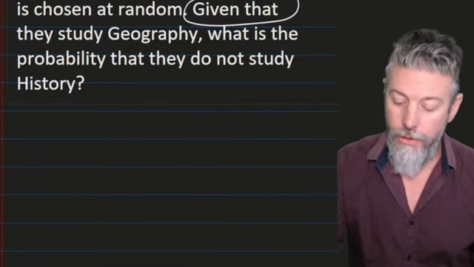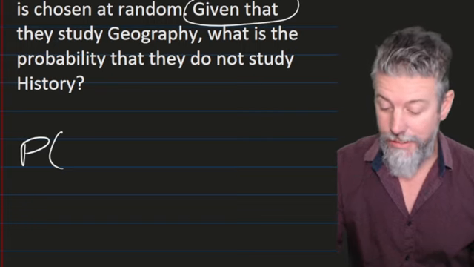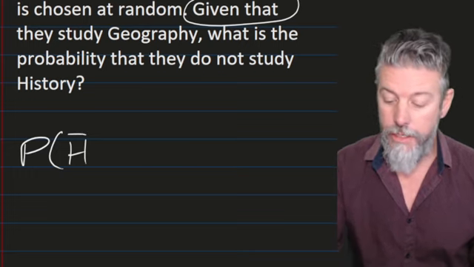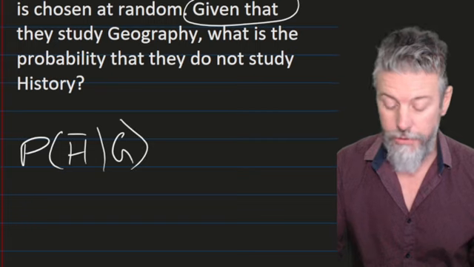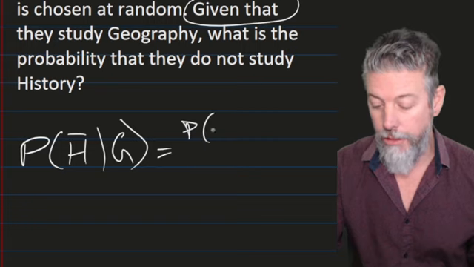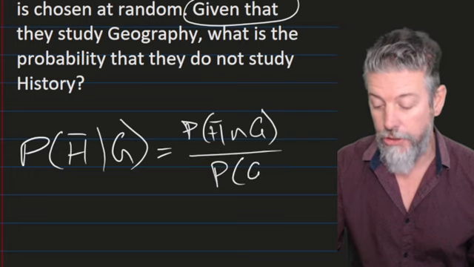So we're saying the probability of them not studying history, so that's history hat, not history, given that they study geography. Now, if we just use the formula, this would be the probability of not studying history and geography over the probability of studying geography.